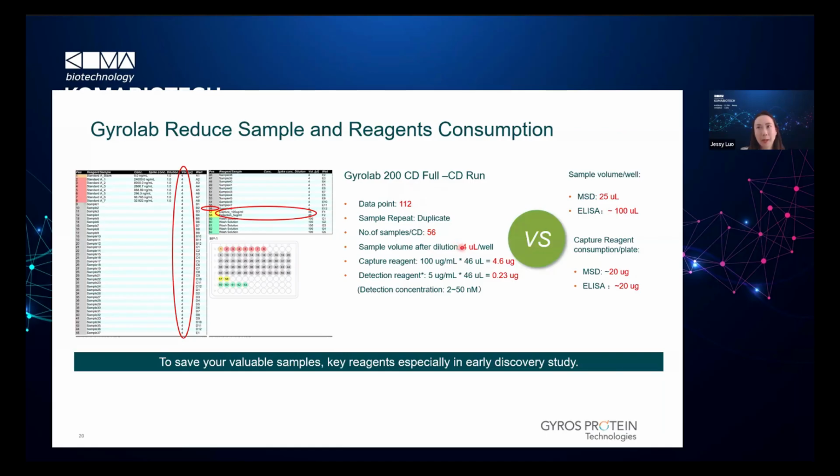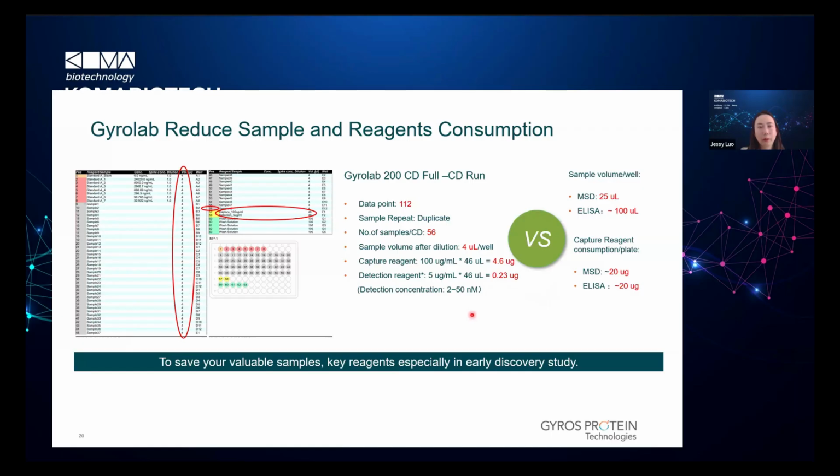So quite less than ELISA, because ELISA sometimes needs around 100 microliter. And for the capture reagent, for the full CD, I mean the full plate, we just need 4.6 microgram. And for detection reagent, it's much less. It's only 0.2 microgram. So that will be only 1/10 of other platforms.